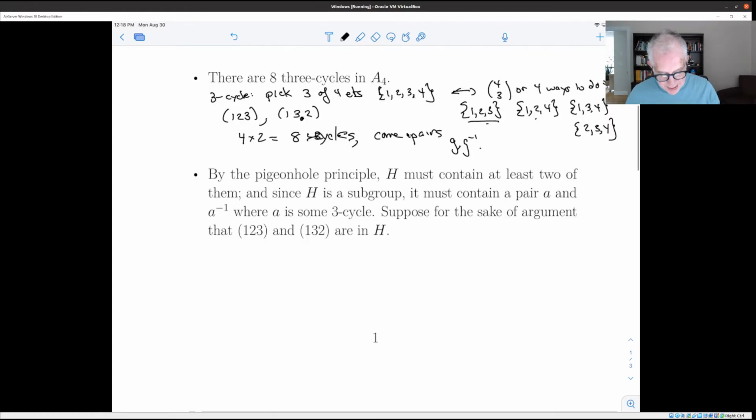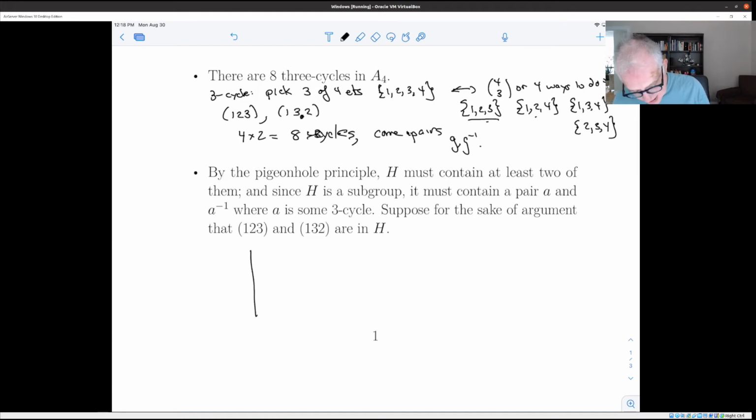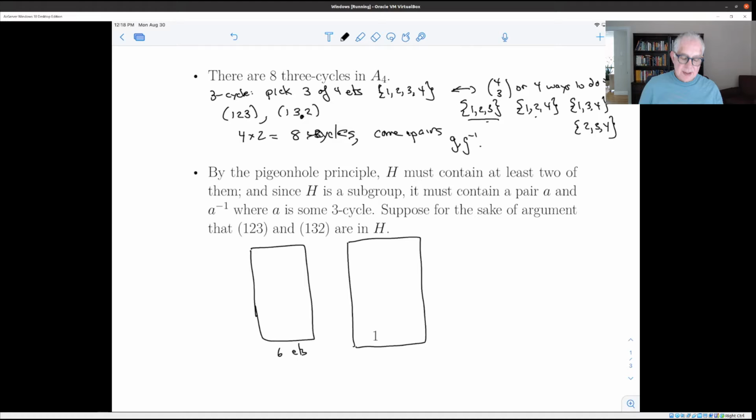Okay, well now we have our subgroup H. It has 6 elements. Here's H. And because of Lagrange's theorem, we know that the index of H in G is 2. That means there are 2 cosets. So one of them is the coset H and the other is the other coset, gH, and it also has 6 elements.